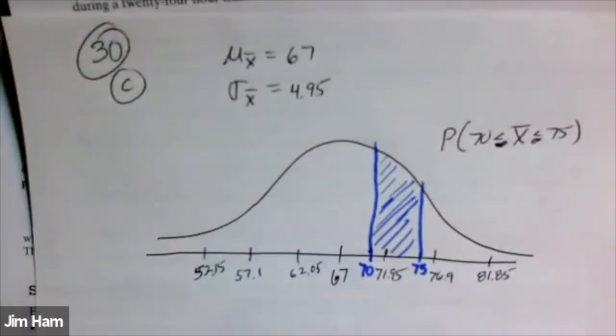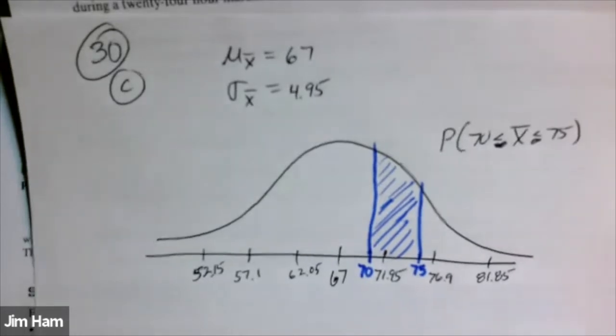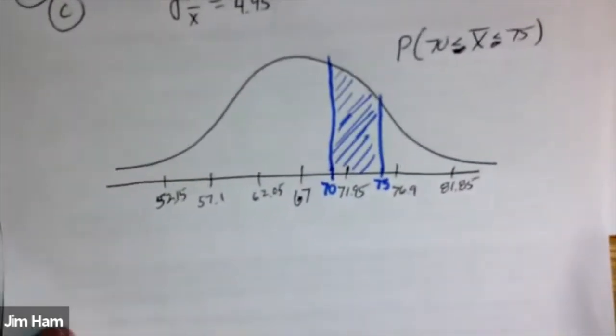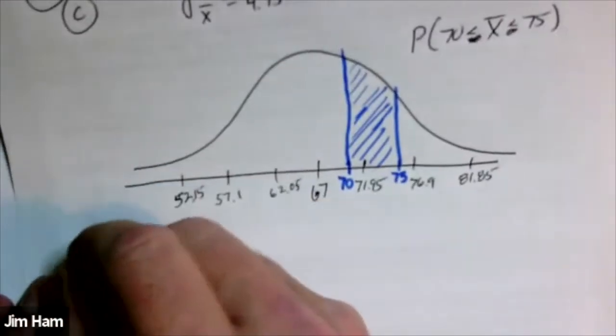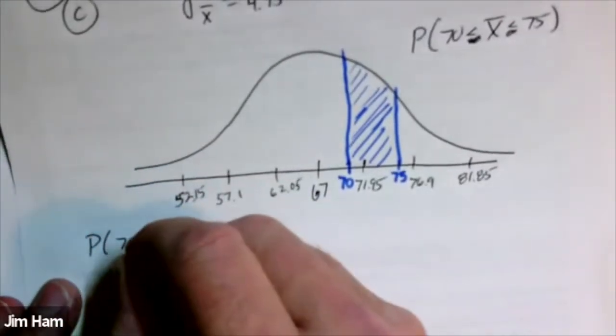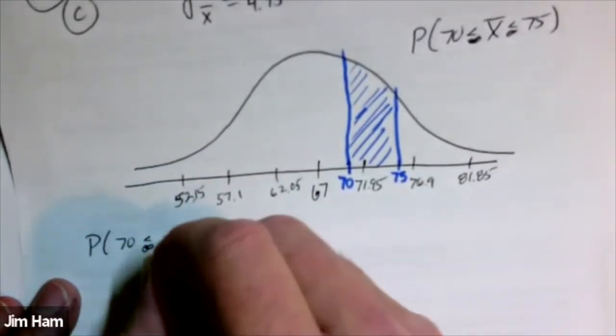We can see that slice is relatively small with respect to the whole area under the curve, certainly less than 1/2. But drawing the graph enables us to set up the calculator function that we need.